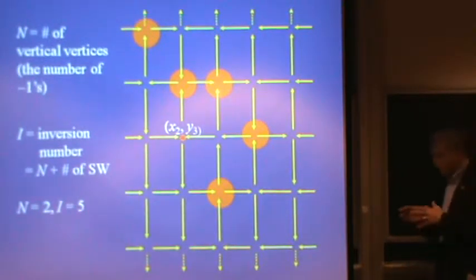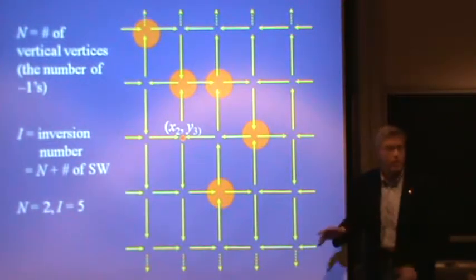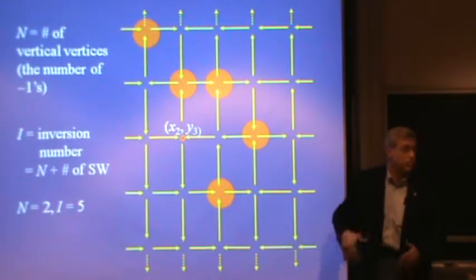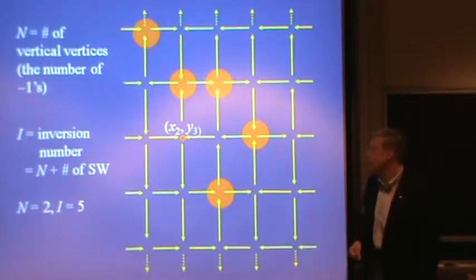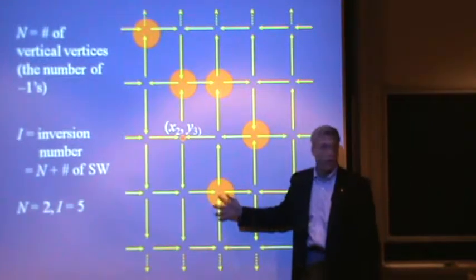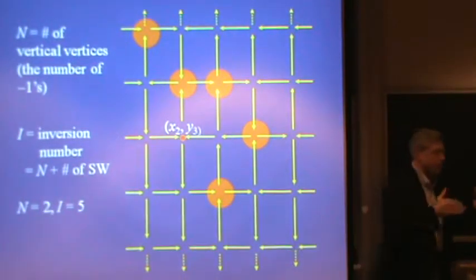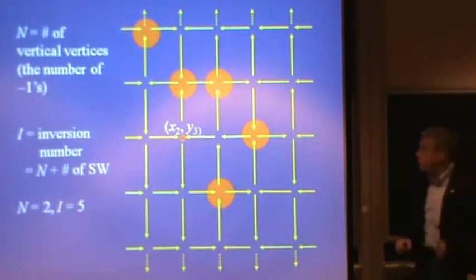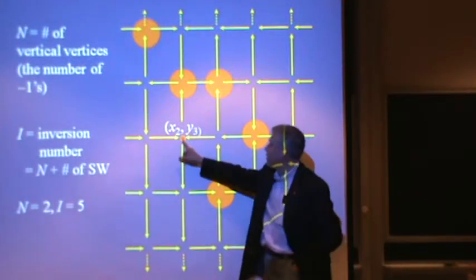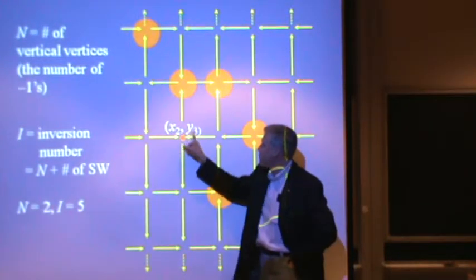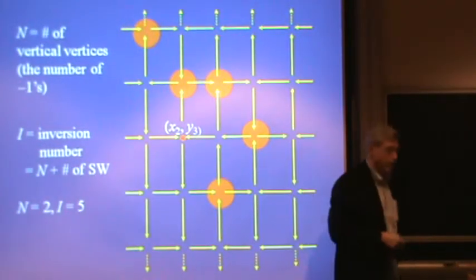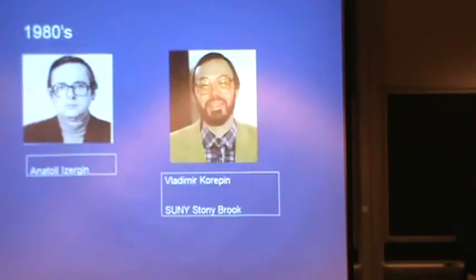If you actually just simply take a permutation matrix, translate it into a directed graph such as this, it'll be a directed graph without any -1s. It'll be a 6-vertex model. And in that case, the inversion number of the permutation is just the number of southwest vertices. And then we'll also put a weight on each of the vertices, so we'll designate a vertex by a pair of variables. This is in the 2nd column and the 3rd row, so we weight it by x2, y3.